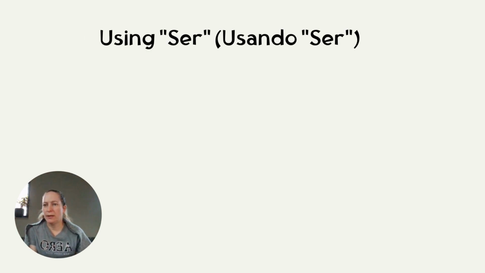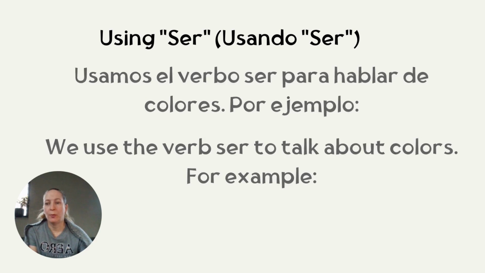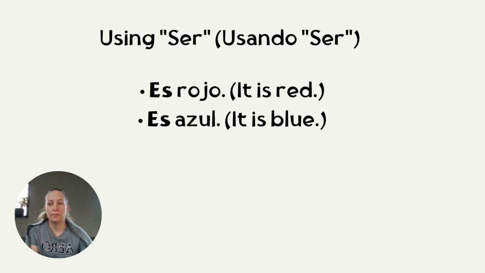Here we'll be using the verb ser, to be. Usamos el verbo ser para hablar de colores. So we use the verb ser to talk about colors. For example, por ejemplo, es rojo, es azul. And that's singular. You see that we use es.